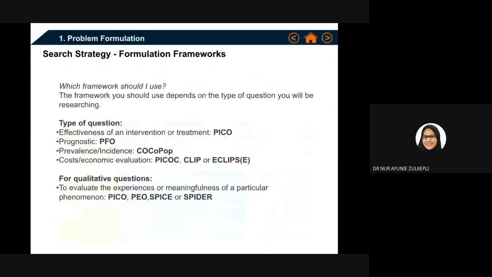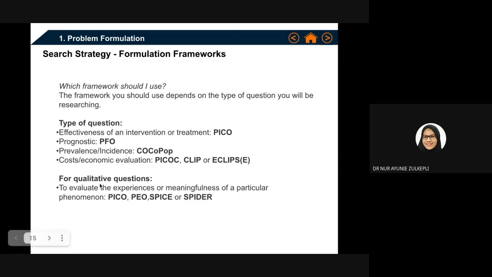How do you know which framework suits your topic? Usually PICO is for the effectiveness of an intervention or treatment, for quantitative research methods. For prognosis, you can use PFO; for prevalence or incidence, you can use cohort. For cost effectiveness or economic evaluation, you can use PICO or ECLIPSE.